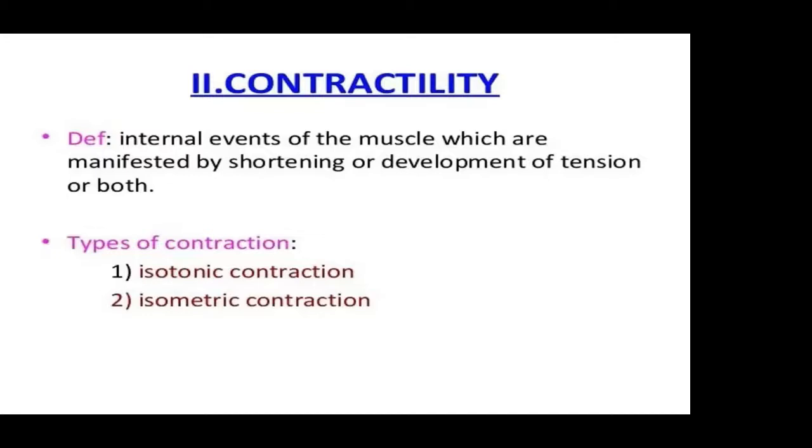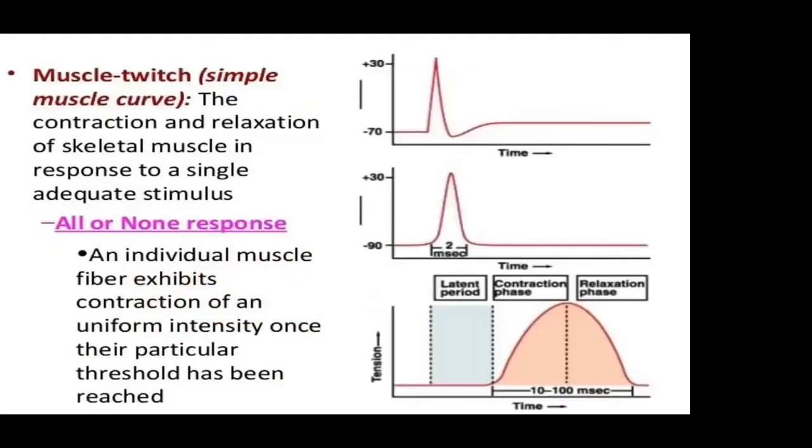Now another property of skeletal muscle is contractility. We know there are two types of contraction. One is the isotonic contraction, another is the isometric contraction. Now let's see. You give a stimulus to a muscle, then what happens? There is a simple muscle twitch. If the stimulus is threshold, then the muscle responds.